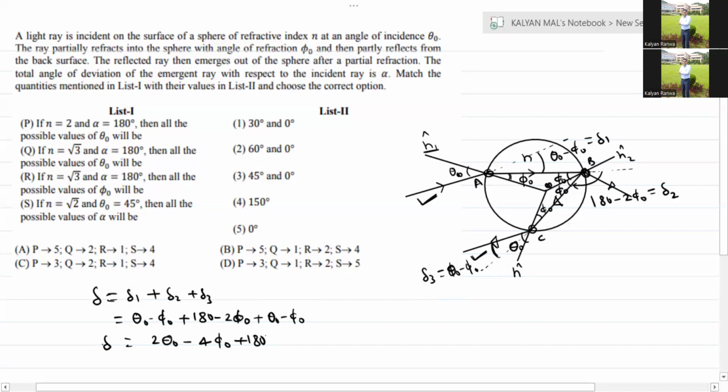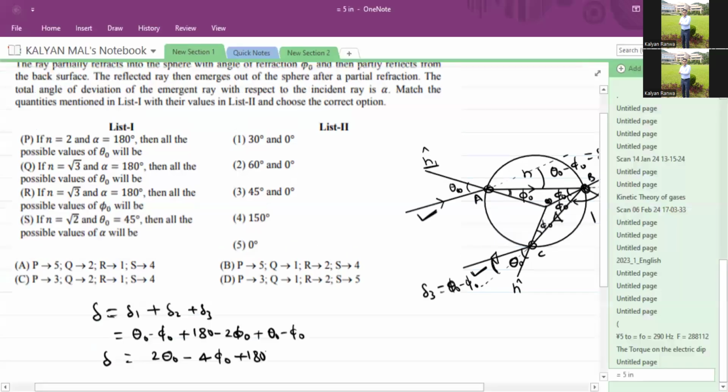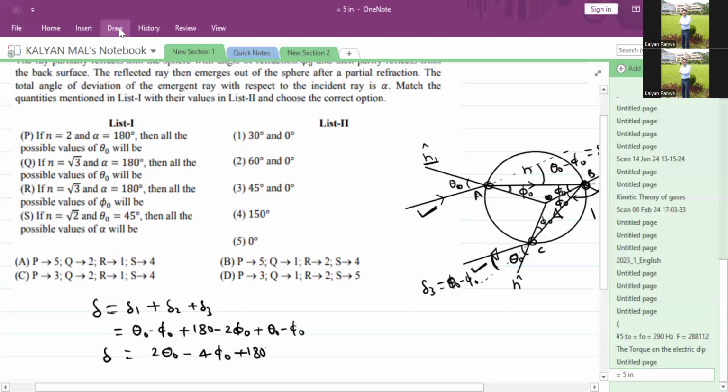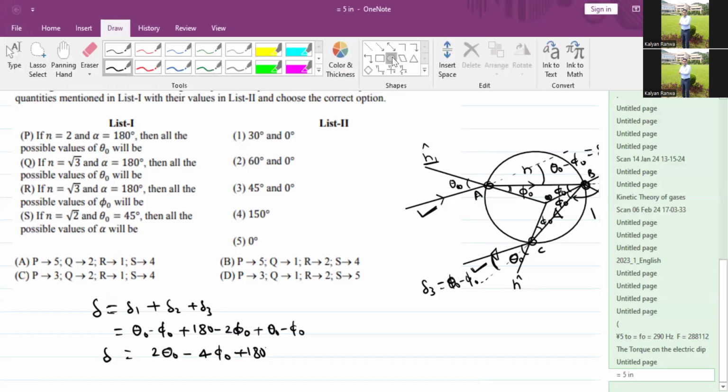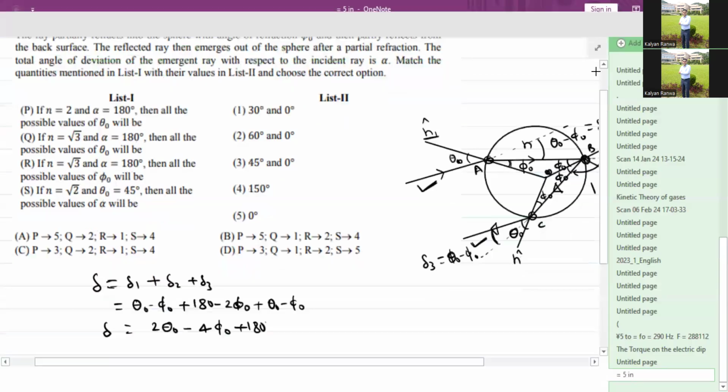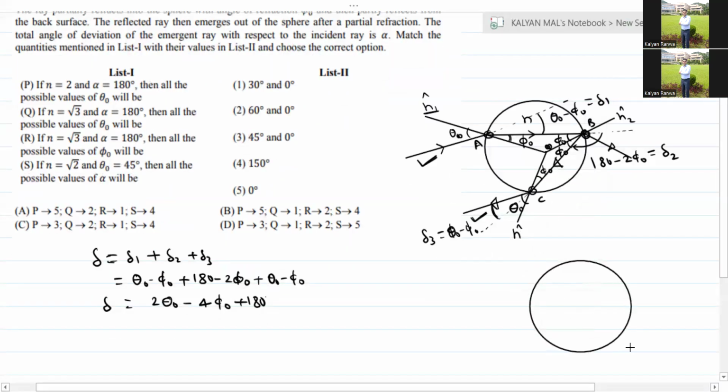If a ray is incident normally on the surface, in this manner, then it will retrace its path.